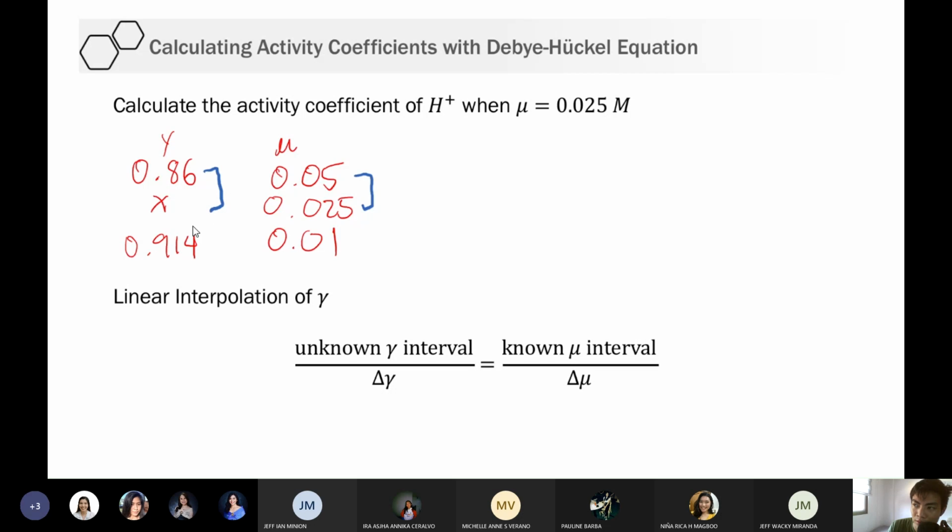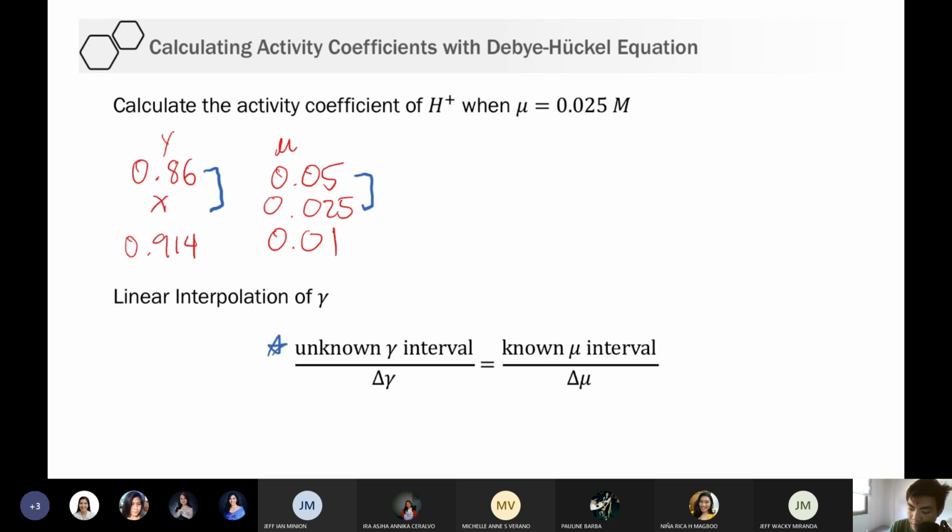You can use this one here at the bottom, however, I want to use whatever is written on the top. This is our unknown gamma interval, and the corresponding group on the other column will be the known mu interval.